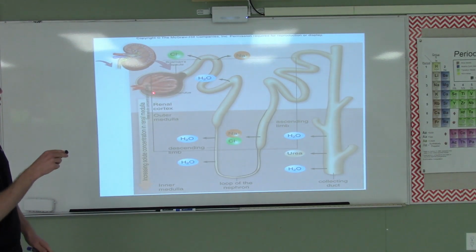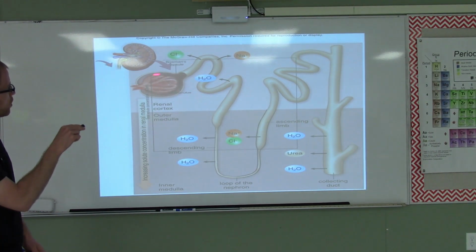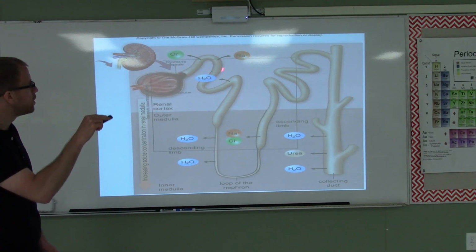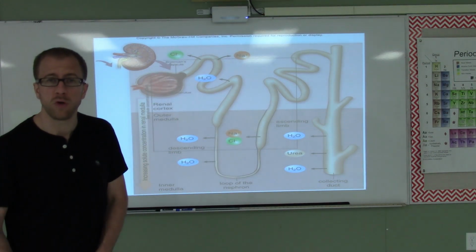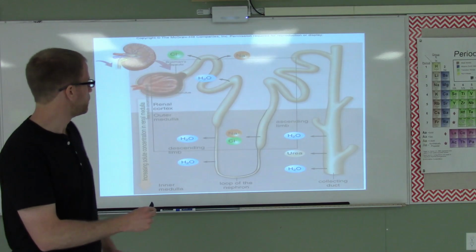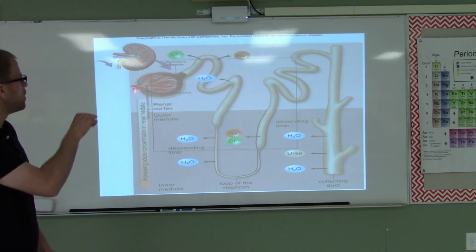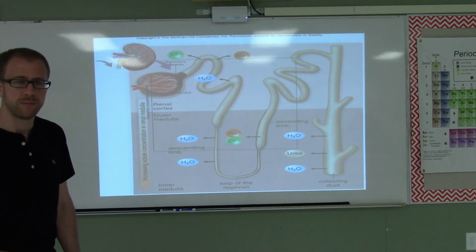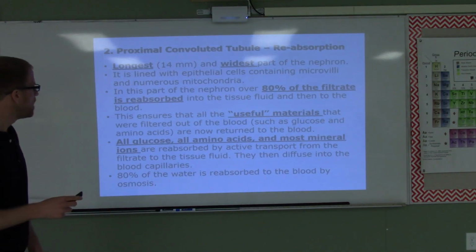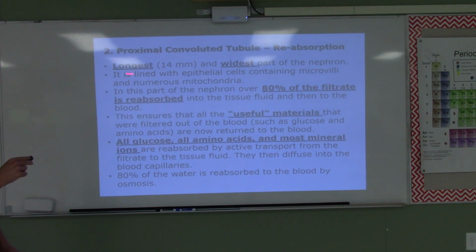So how do we reabsorb those things? After it leaks out into the Bowman's capsule, it's going to pass into the proximal convoluted tubule. Right? Because it's proximal to the Bowman's capsule, in proximity to it. Now, this is the longest and widest part of the nephron.